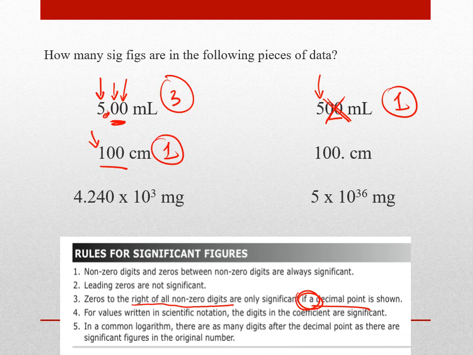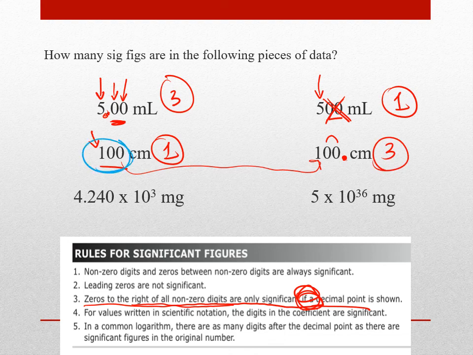How about this one? 100. It's like it's the same number, except there's a decimal. And so zeros to the right of all non-zero digits are significant if there's a decimal, and we have a decimal. These are significant. There's 3 sig figs. The difference here, 100 versus 100 with a decimal, is that one is saying rounded to 100.